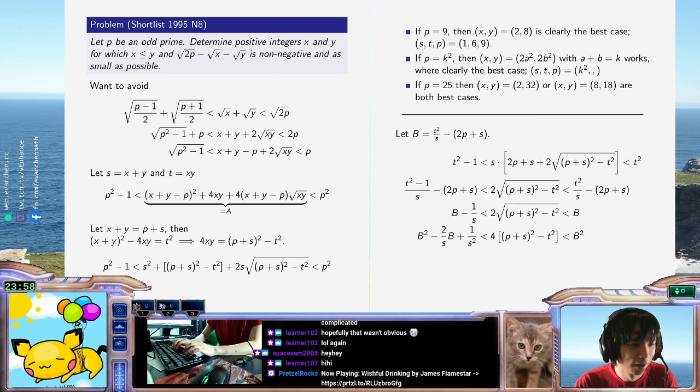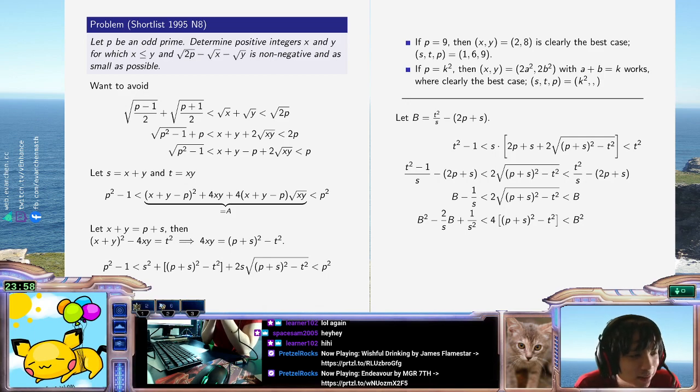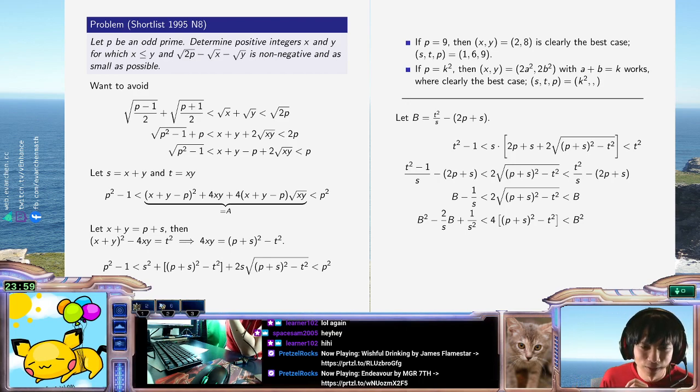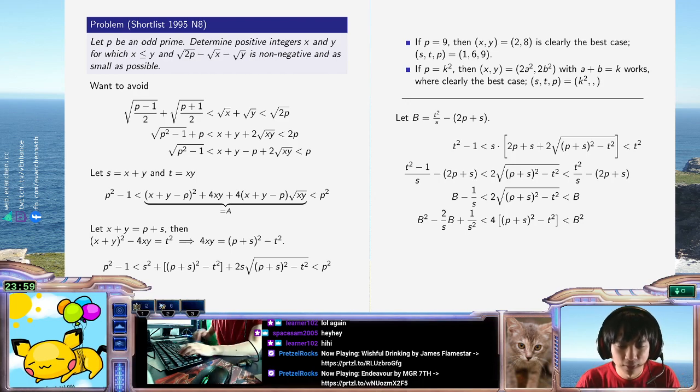Hang on. Someone please compute this for me. Oh my god. Maybe I shouldn't have used these variables. Maybe I should just leave xy, because I feel like changing it to t made things more confusing. I feel like it made a lot of terms appear, and maybe that's not what I want.